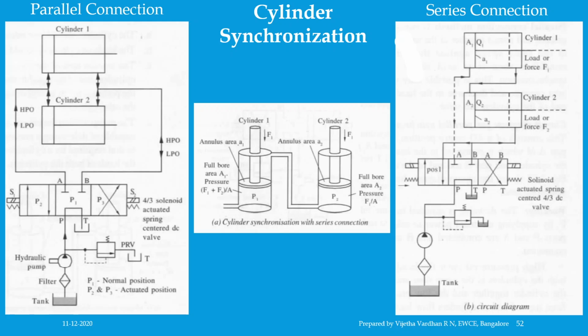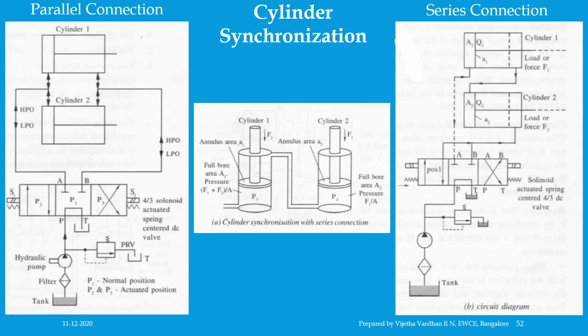Conditions for series synchronization: the cylinders should be connected in series, the loads on the cylinders should be the same, the annular surface of the rod end of one cylinder should be equal to the area of the piston at the head end or cap end of the other cylinder, and the pump used in the circuit should be capable of delivering a pressure equal to that required by a cylinder to cover the loads of both the ends.